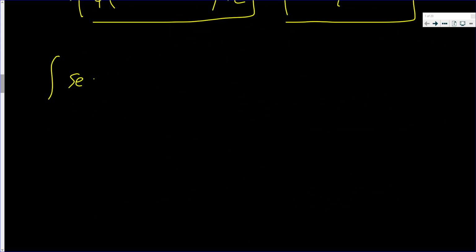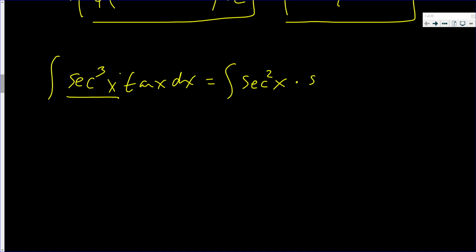Suppose we have the integral of secant cubed x times tangent x dx. If we break off a secant x from here, what will be left over is the other secant x times the tan x times the dx.